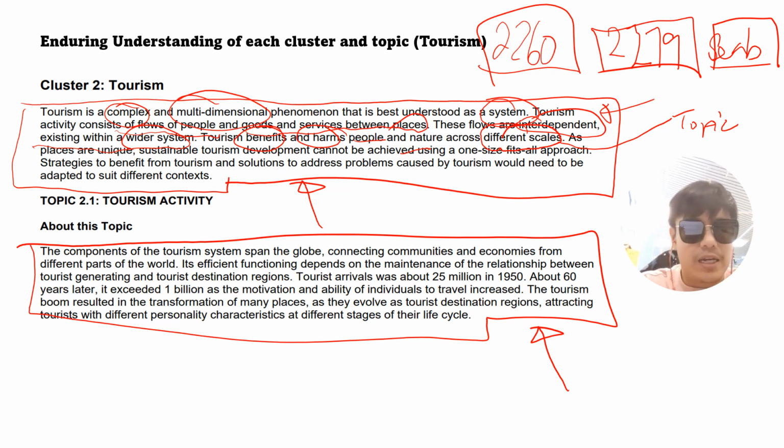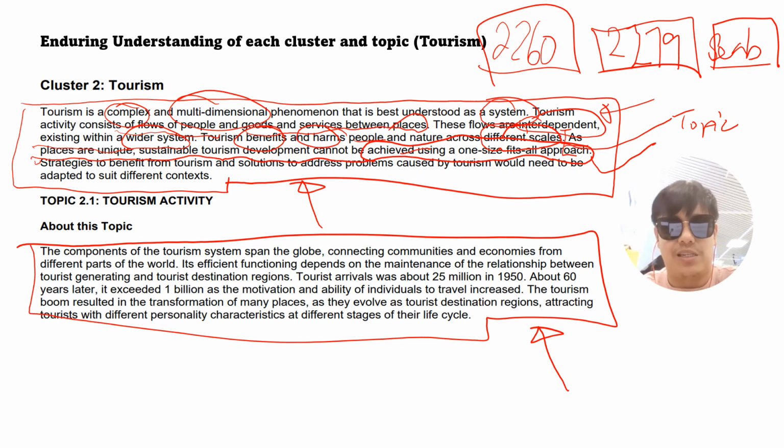That's the first point. Then the next point is also important: as places are unique, sustainable tourism development cannot be achieved using a one-size-fits-all approach. This is the next enduring understanding that I need to see in your tourism 9 marks question essay.